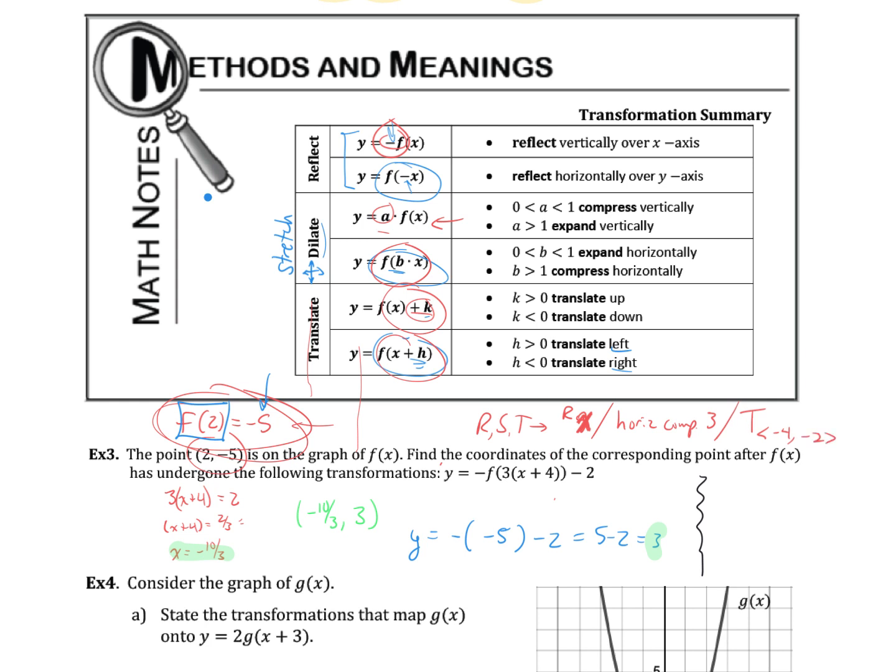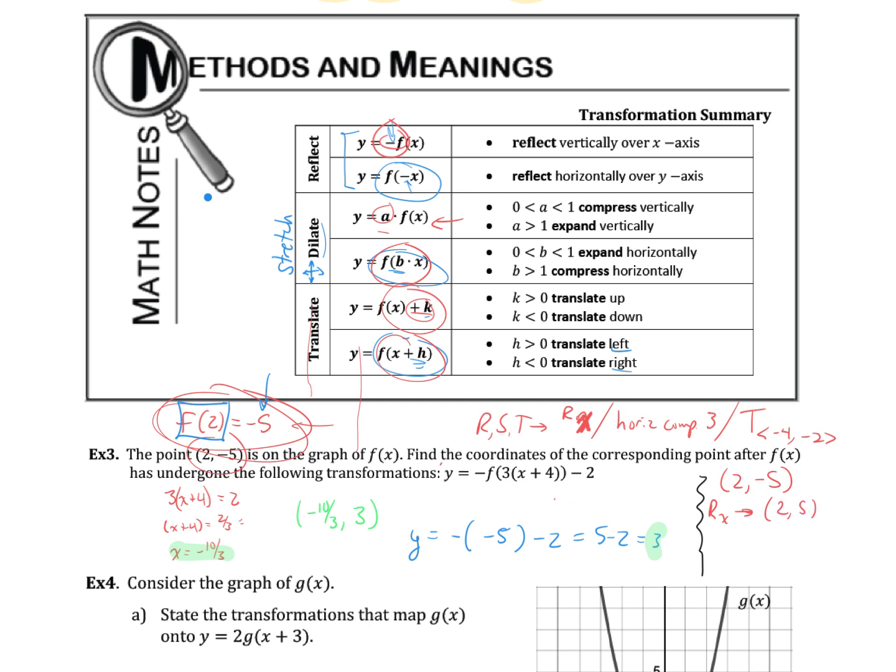So I apply these things to the point 2, negative 5. It should hopefully turn out to be that point. So let's see what happens. I take this thing, reflect it over the x-axis. 2, negative 5, reflected over the x-axis will become 2, positive 5.